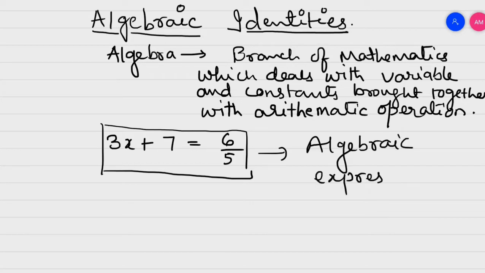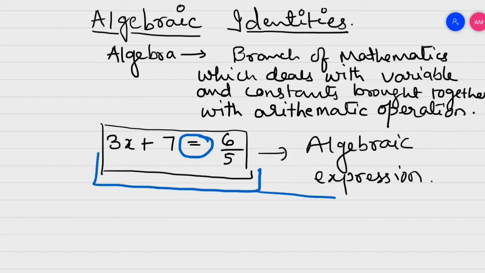Now in this expression, if you want to understand, see, first of all, this is equated by equal to. So this is completely known as an equation. Now see, 3 is a constant because you can never change the value of 3. 3 means 3.